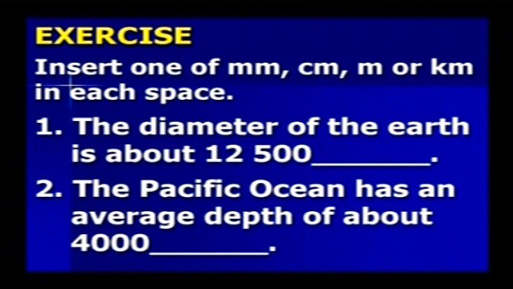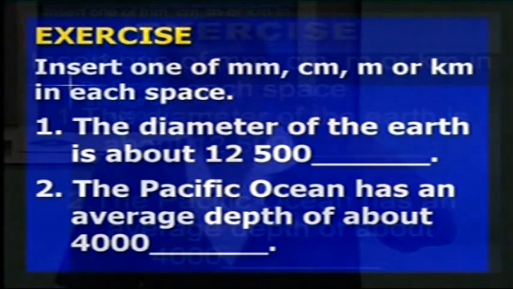Now, number 2, the Pacific Ocean. This time we're talking about the ocean, all right? The Pacific Ocean has an average depth of about, so it's sort of like talking about the height, the depth of the ocean, 4,000 meters.